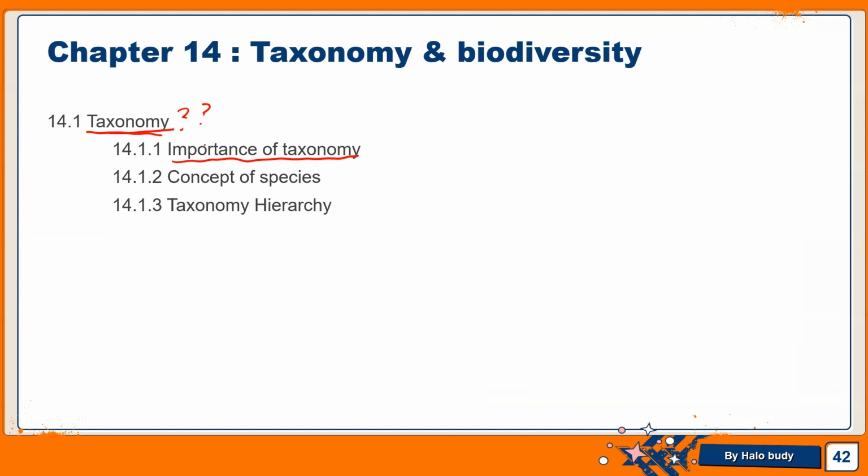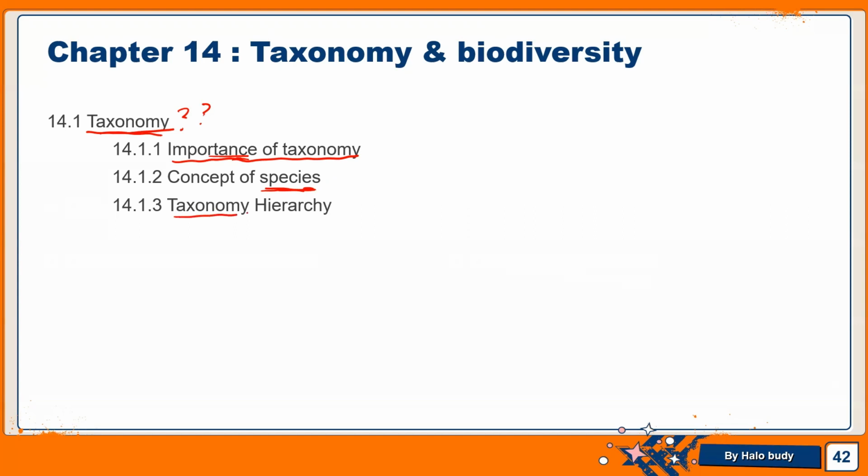It helps scientists to classify all of the organisms in the world more easily. You also have to know the importance and the concept of species. How do we determine species? We cannot determine it simply, like saying human is 1 species. No, humans actually have many different species.